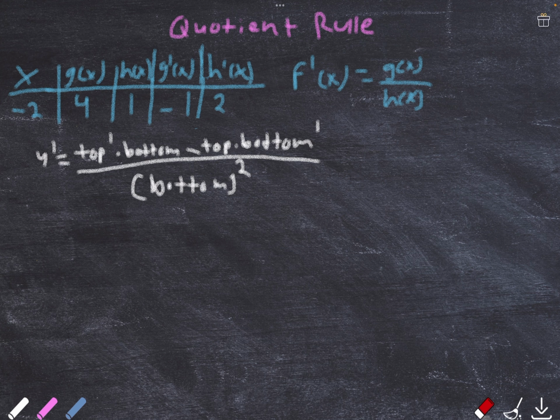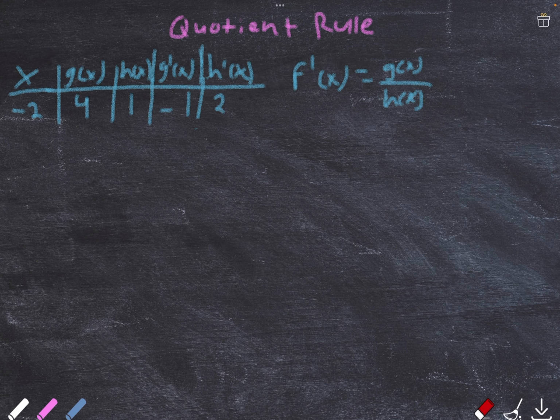So we can use this logic to solve f prime of x is equal to g of x over h of x. Now it's going to be easy. The first step is to get the derivative of g, which is negative 1, times h, which is 1, minus 4 times 2, all over 1 squared, because that's our h.